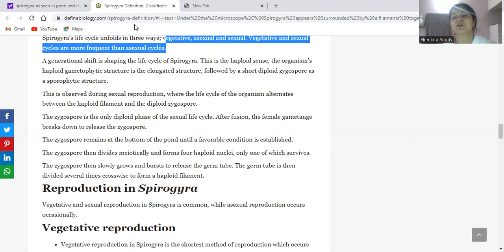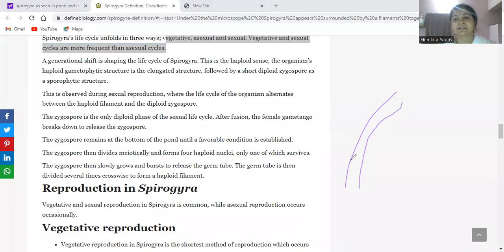That means their plant body consists of the filaments of Spirogyra, which have cells, and these cells have a nucleus with n number of chromosomes. That means haploid, only a single set of chromosomes is present in them, half the chromosomes, and the chromosomes are not paired.